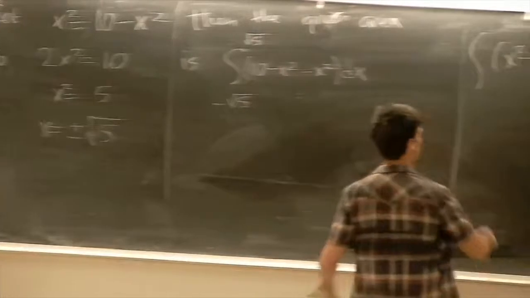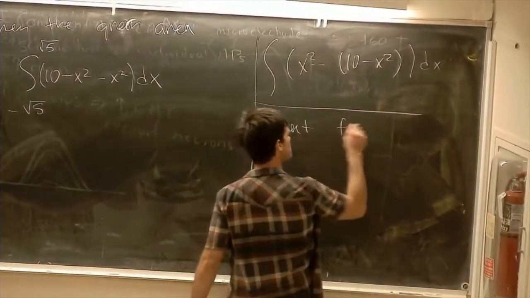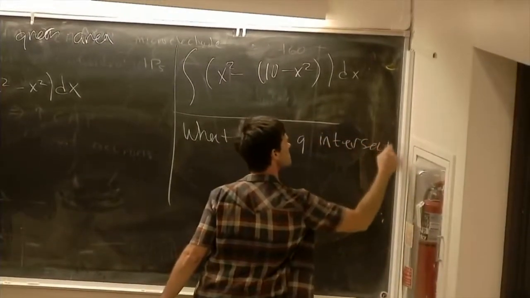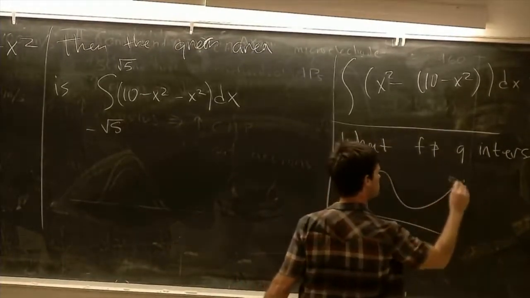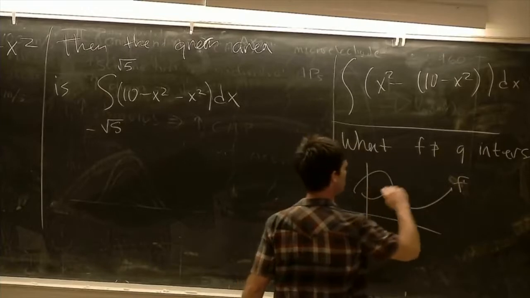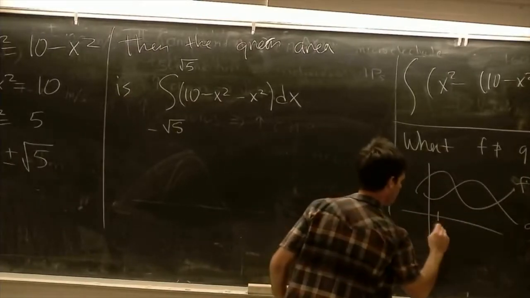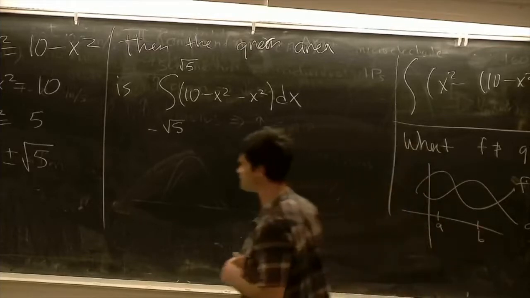It's also possible that you might have something like this. Here's f, and here's g, and here's a, and here's b.